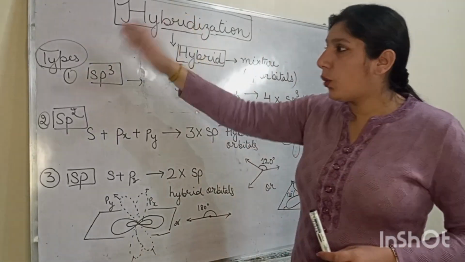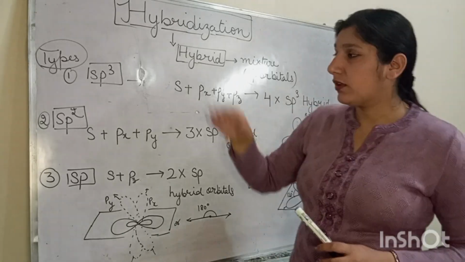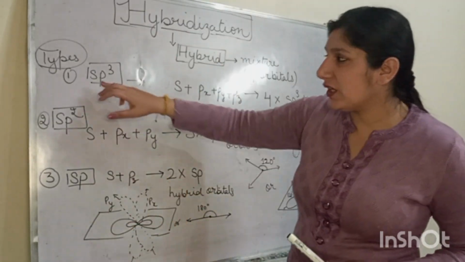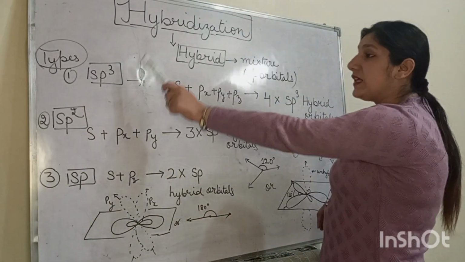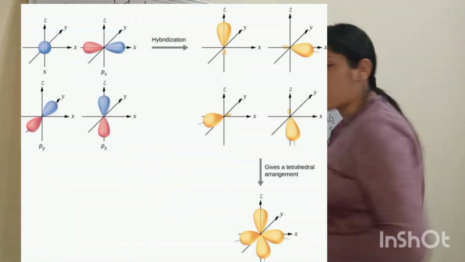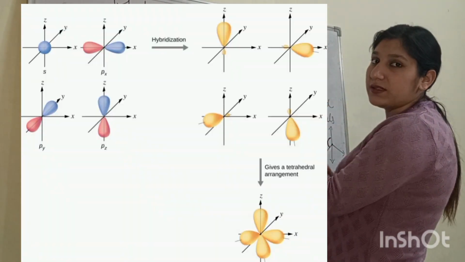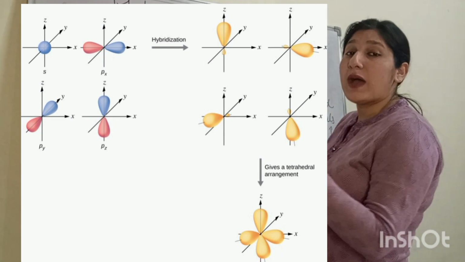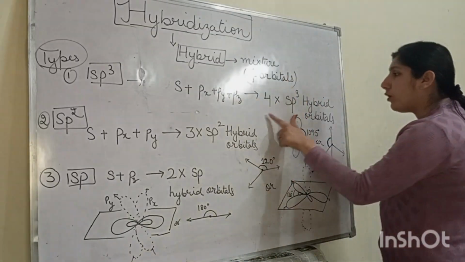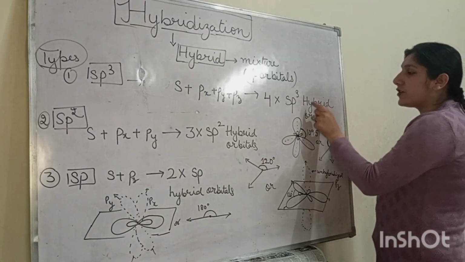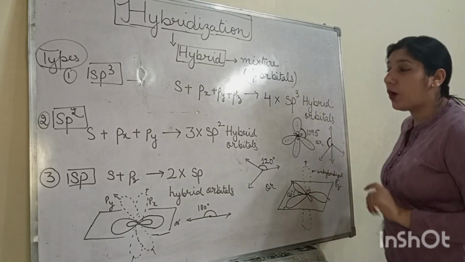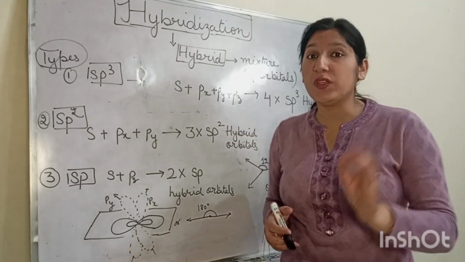So what are the types of hybridization? These are the types of hybridization: sp3. In sp3 hybridization, one s orbital and three p orbitals mix together, combine together to form four new hybrid orbitals which are known as sp3 hybrid orbitals. Now students, here one thing has to be noted.